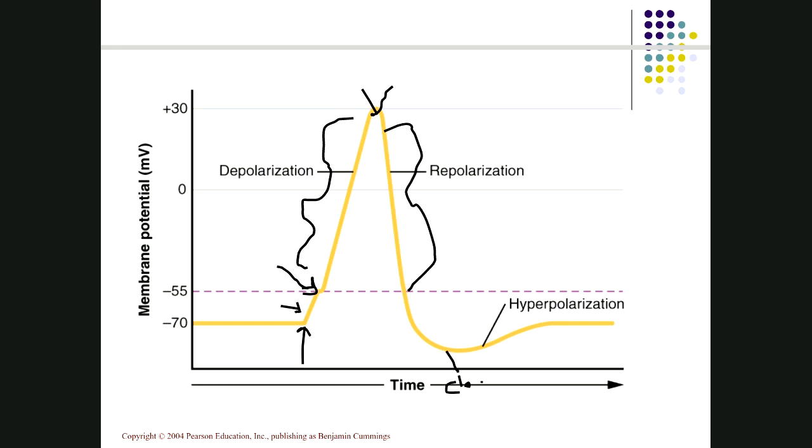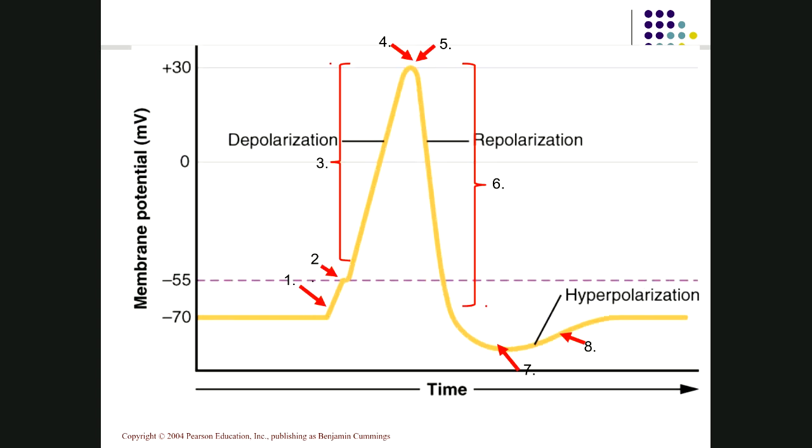And right there is our return to resting potential, to get back up to resting potential. And again, that's the pump and the channels. Does it make sense to everyone? You might see this on a quiz, or on a test, asking you what happens at 4, what happens at 8, and so on.